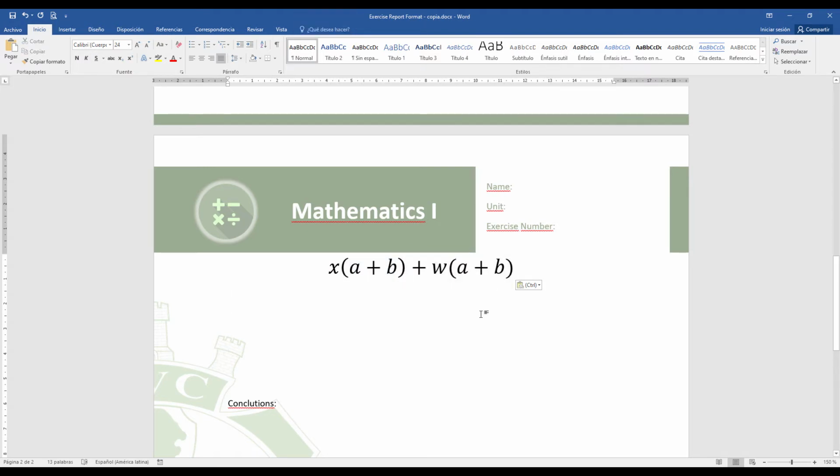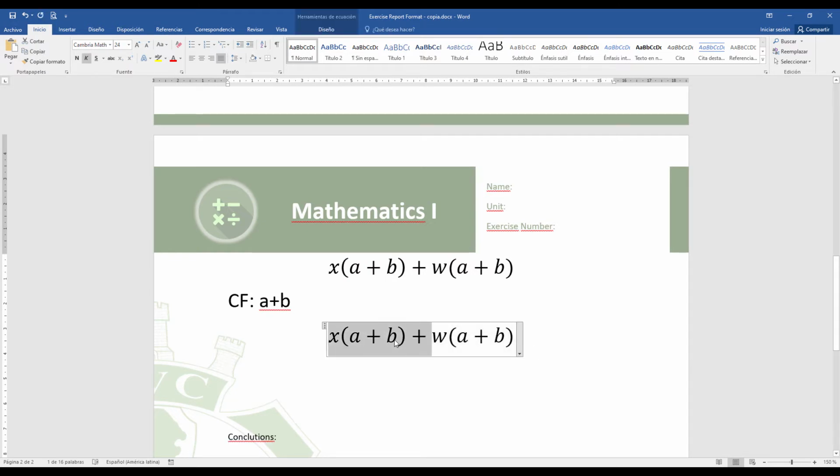Okay, now you need to factorize or look for a common factor again. You look here, you have a polynomial that repeats in every term, so a common factor here will be a plus b. So you will divide.